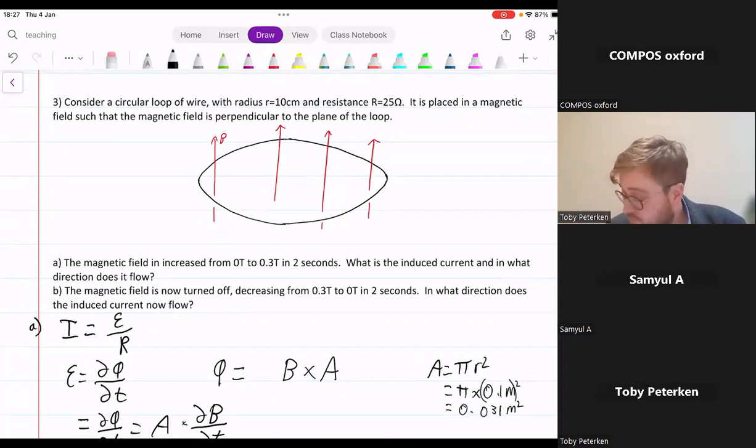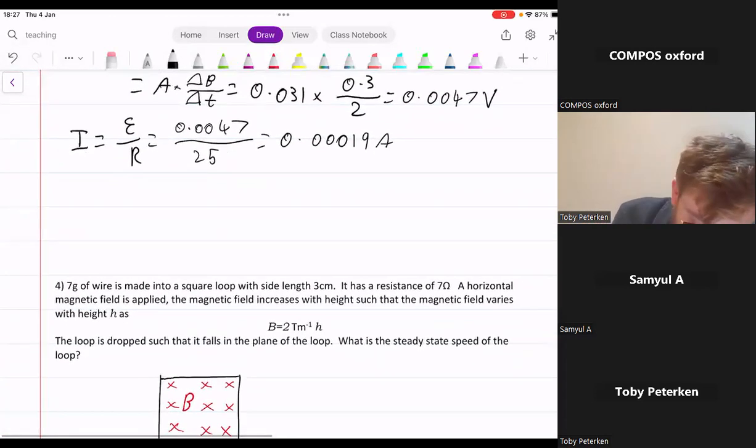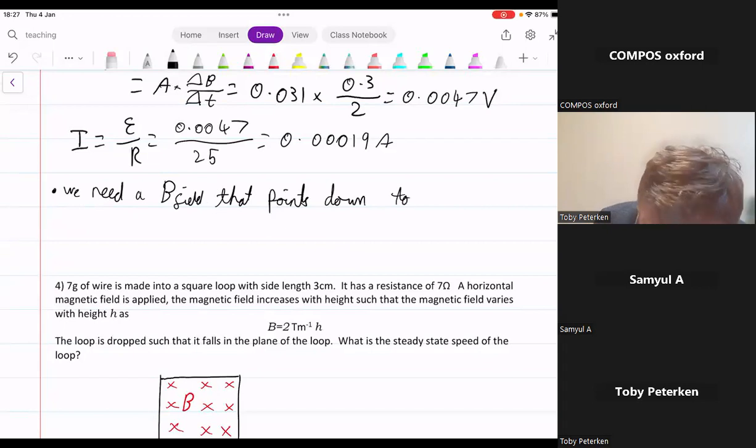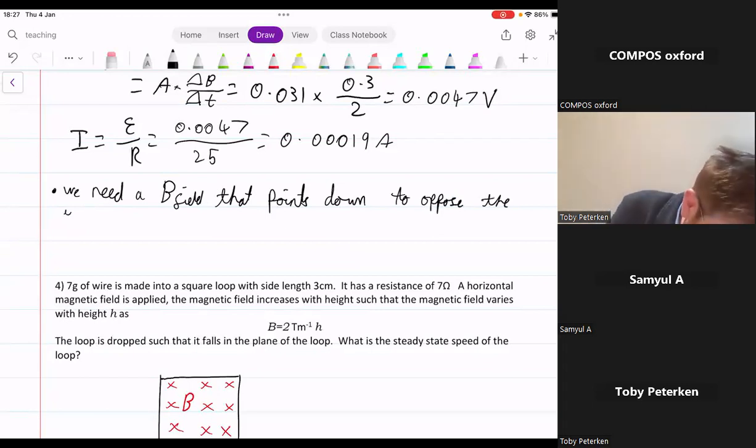So we need a B field that points down to cancel, to oppose, to keep the same wording, the increasing flux.